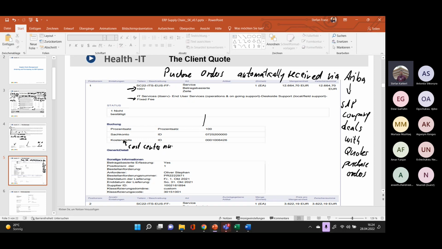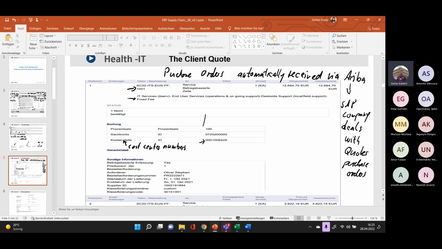This is important: when an invoice is released, it must go to the right cost center number, because otherwise the invoice wouldn't be paid. As the payment, the quoting, and the ordering is an automatic process within an ERP system, people only have to click certain clicks in the Ariba system, so they don't need to do it manually.